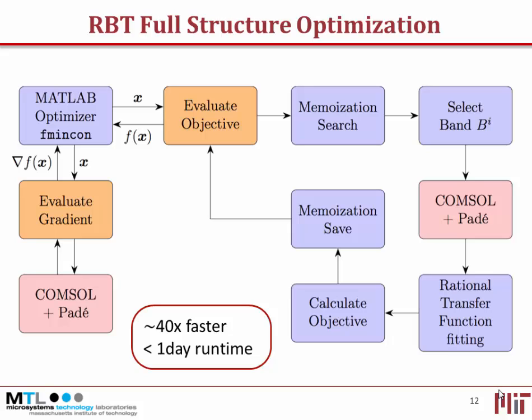With this framework, we were able to achieve a 40 times improvement in the optimization performance. And we can optimize the entire unreleased RBT structure in less than 1 day, which otherwise would be infeasible without this framework.